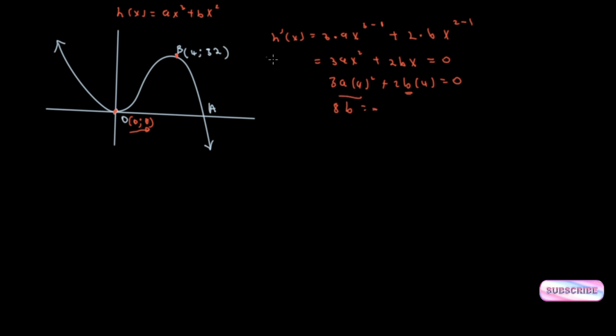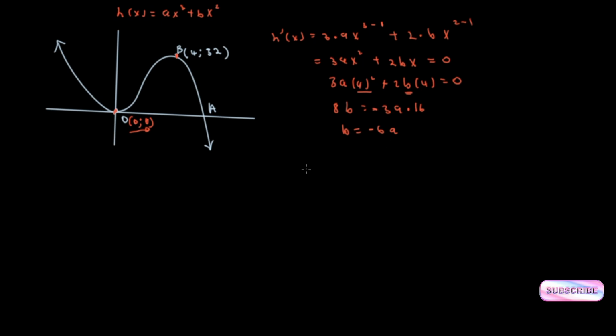We take this to the other side to become negative 3a multiplied by 16. Now we make b the subject of the formula. When you divide by 8, 2 multiplied by 3 is 6, and then multiplied by that negative, it's going to be negative 6a over here.